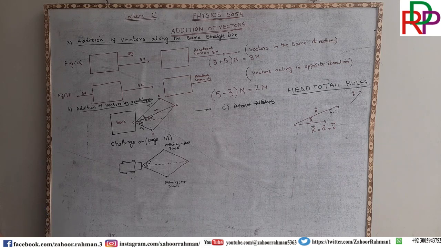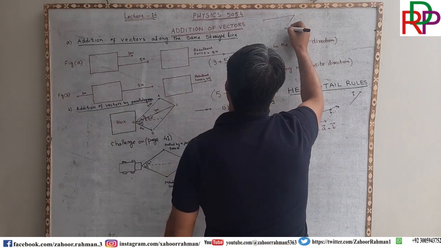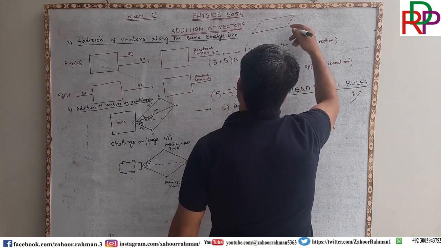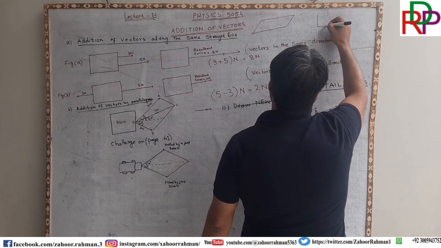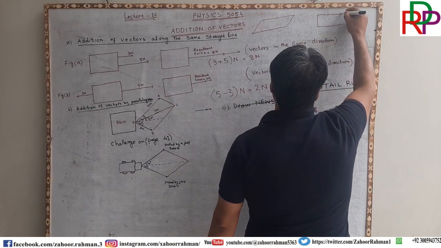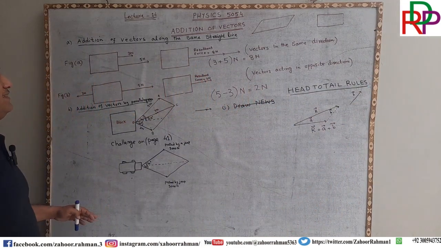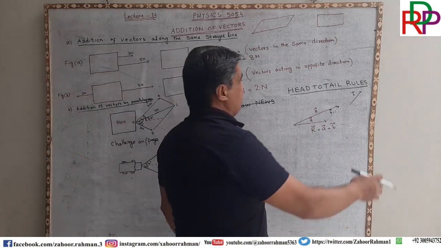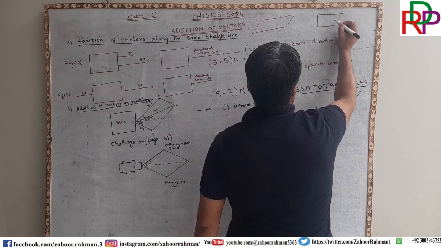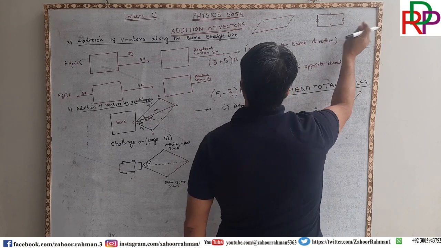Acha, parallelogram doesn't mean that it should be a parallelogram like this, which is the concept of math. Parallelogram means if the line is like this, then you have to draw a parallel line. In the second case in your book it is given, and we will discuss that also in a moment. So this line is parallel to this one and this line is parallel to this one.